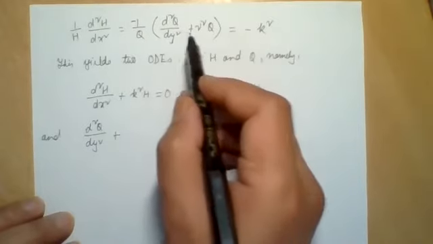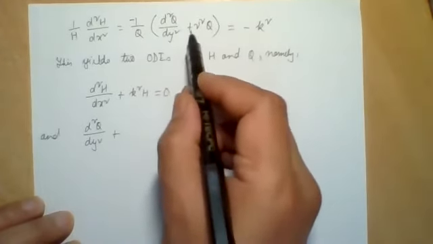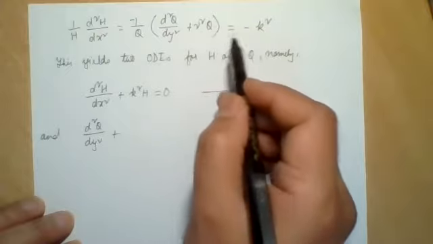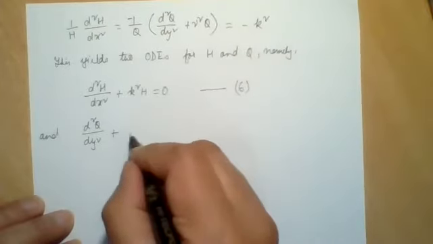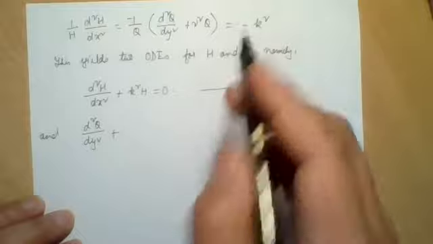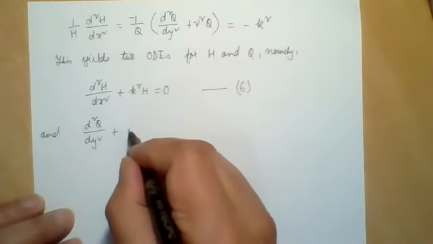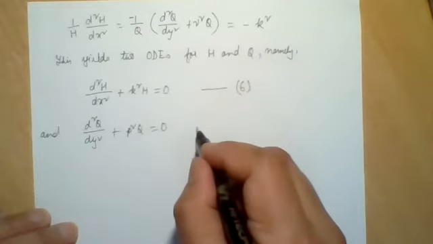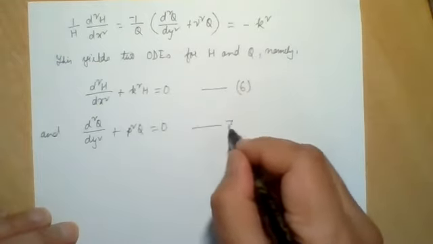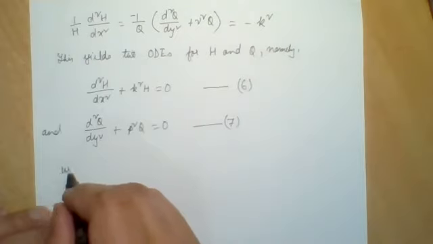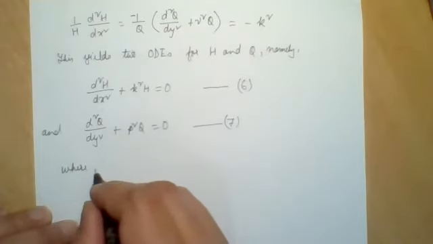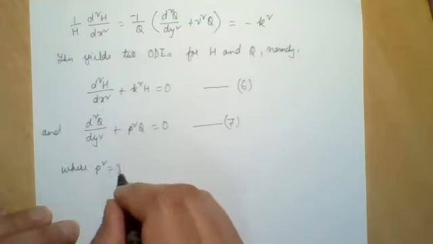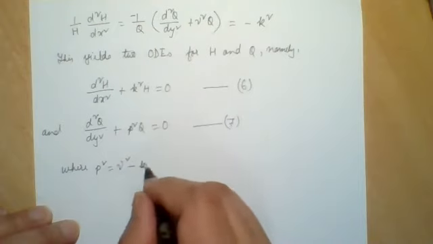So I should get d2q by dy square plus nu square q minus k square q. And I take q common, and this nu square minus k square I write as p square. So p square q equal to 0. This is equation number 7, where p square is given by nu square minus k square.